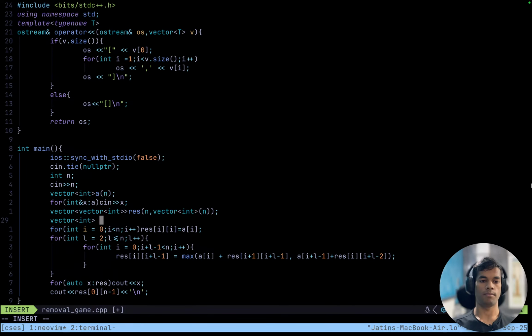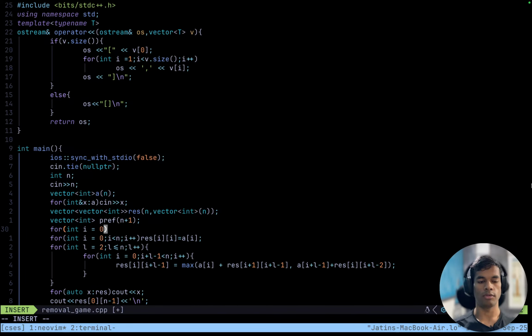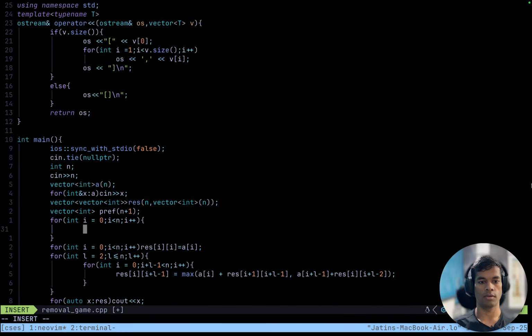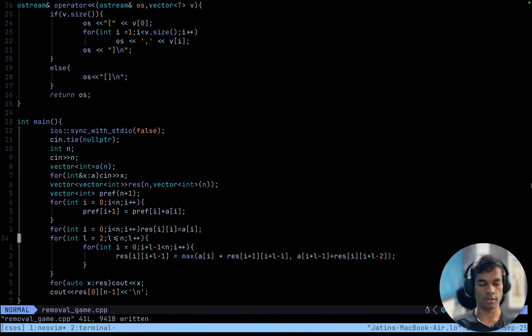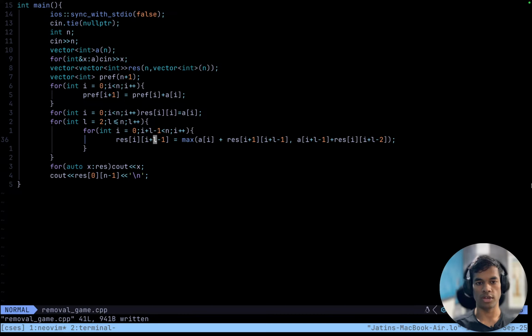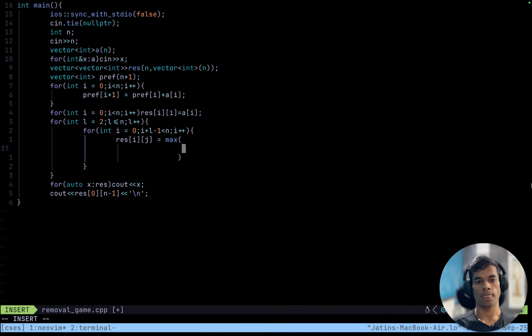vector pref of n plus 1, for int i equals 0, i less than n, i plus plus, pref[i plus 1] equals pref[i] plus a[i]. That is it for the prefix, and here we will have to change this: res[i][j] equals the maximum of, if we choose the element on the left, then the sum of this range.